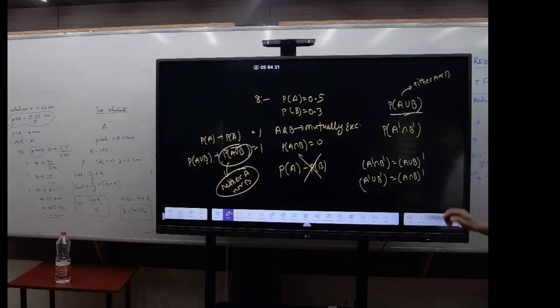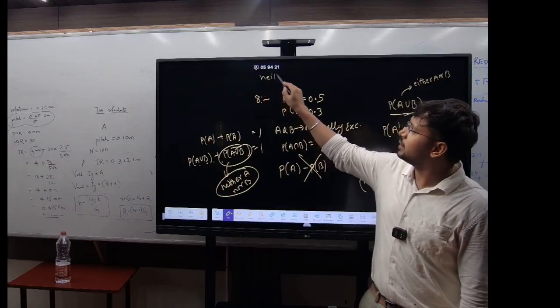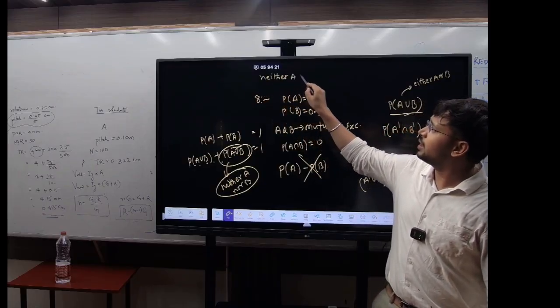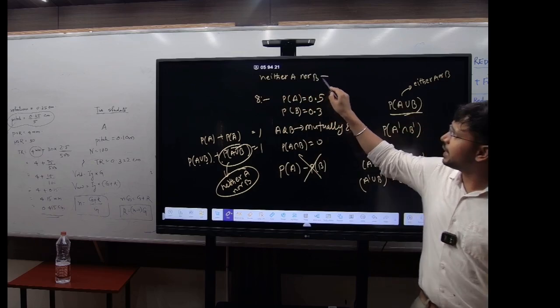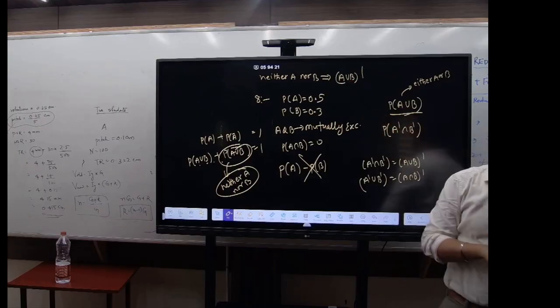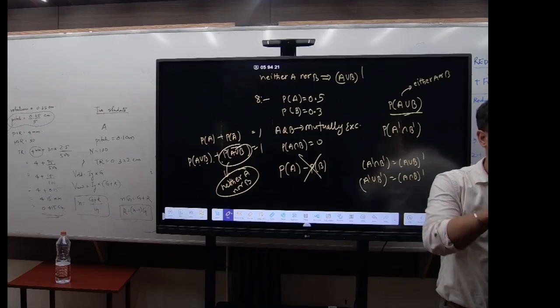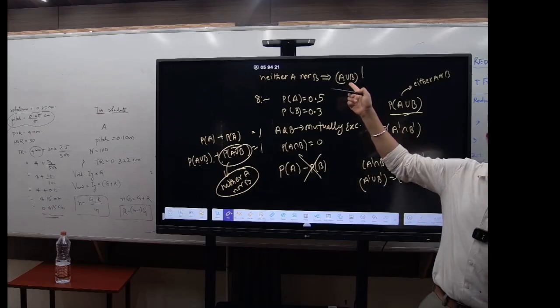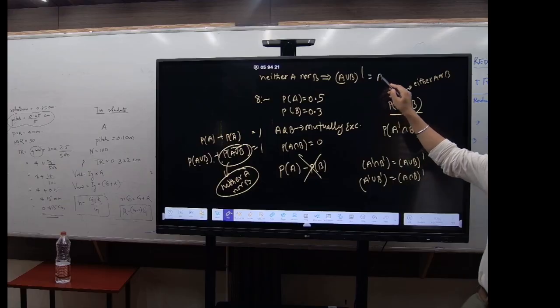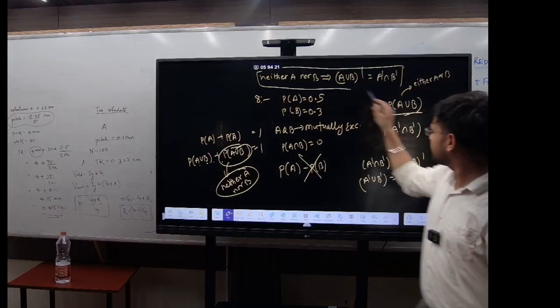If it is written neither A nor B, it can be written in 2 formats: A union B dash, because A union B is either A or B, so neither A nor B will obviously be its dash, and this can also be written as A dash intersection B dash by this formula.